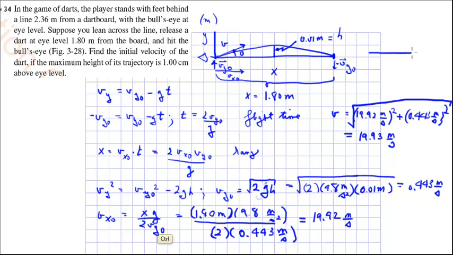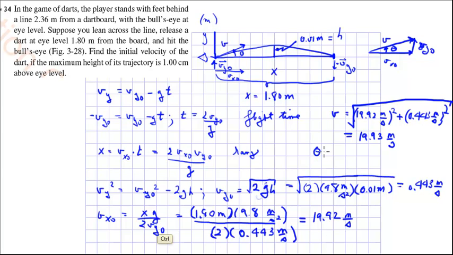And the angle, let me draw a little picture up here. So basically what we have is our Vx naught here, and we have our Vy naught here. Here's V. This is the angle that I want, theta. The tangent of theta is equal to the ratio of Vy naught over Vx naught, so clearly the angle is equal to the inverse tangent.